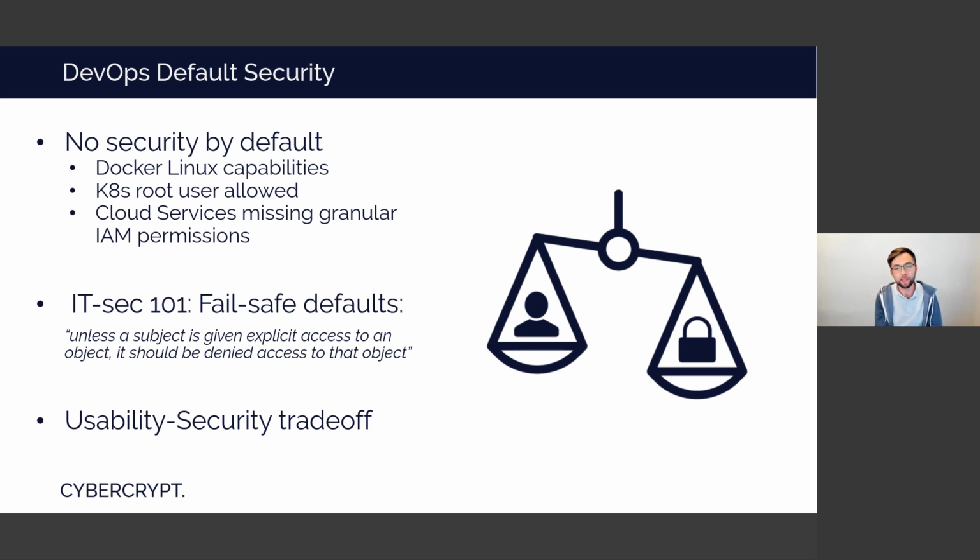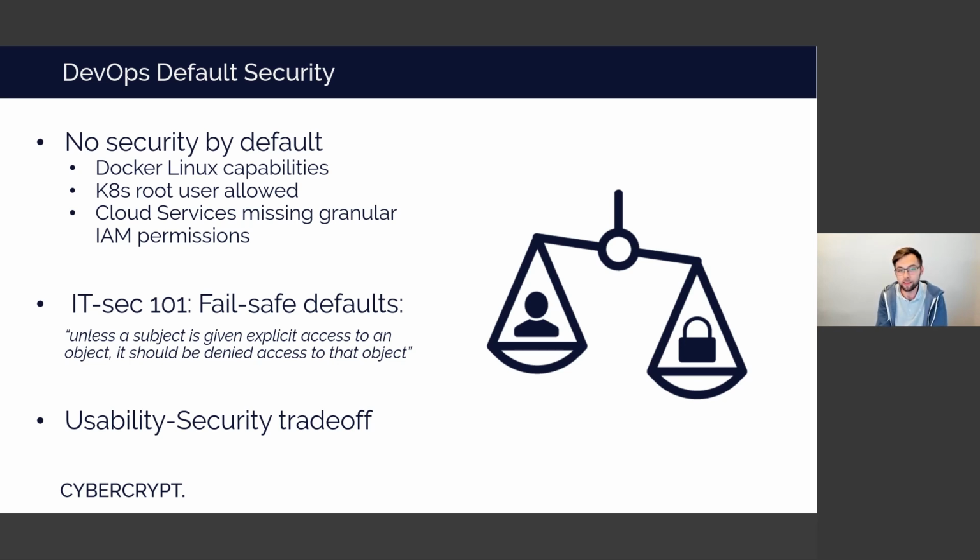What this basically means is that in security, we want to blacklist things by default and then whitelist the objects that we know are supposed to be there. So the defaults in these cloud-native technologies directly contradict this security principle, you might say.